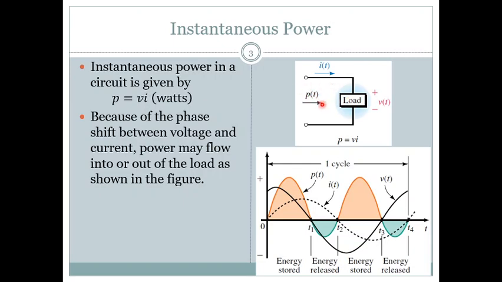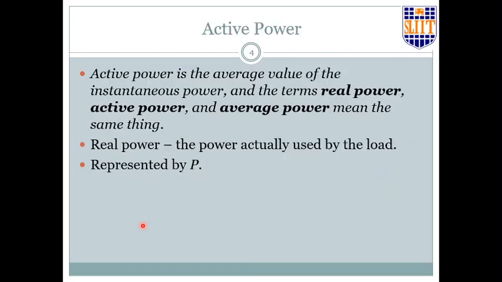This is what you see in the power curve, right? So power may flow into the load as well as come out of the load at times. So we have several types of power that we have to discuss in this case.